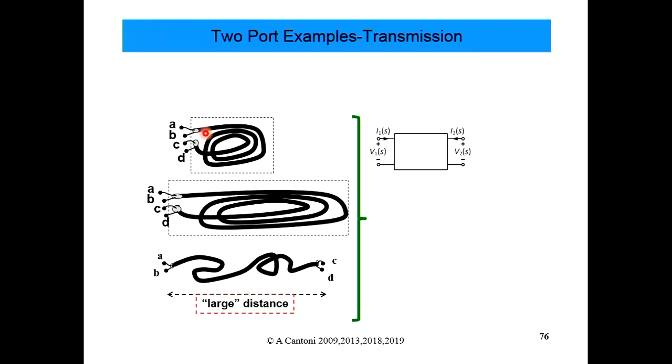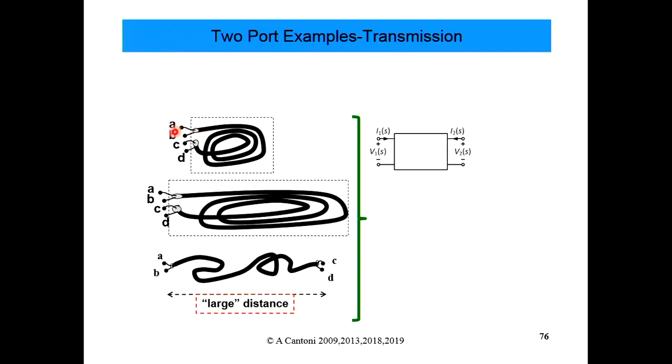What should they be? Yeah. The terminals A and B have to satisfy a certain property. Yeah. So they have to be close together, right?